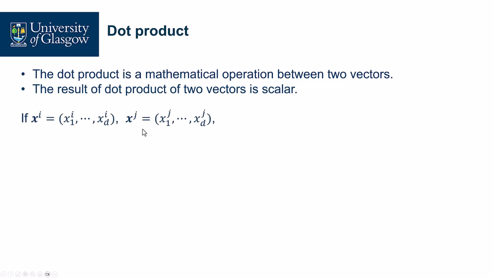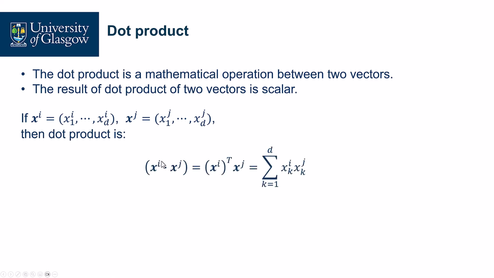Consider xi and xj are two vectors of d dimensions. The dot product of xi and xj is equivalent to xi transpose multiplied by xj. It means that we multiply element by element, then we sum them together.